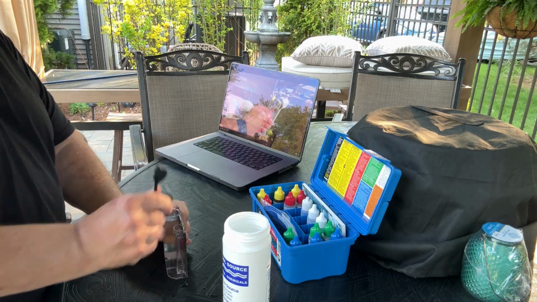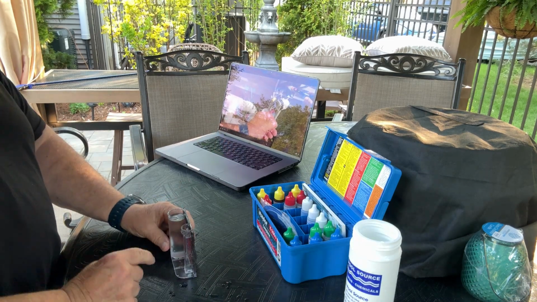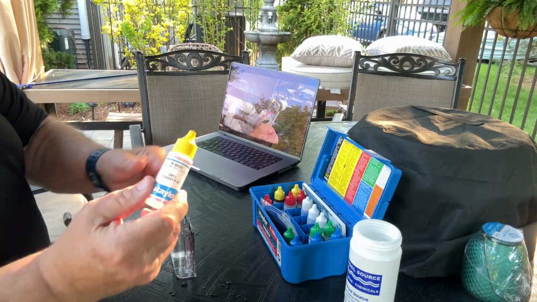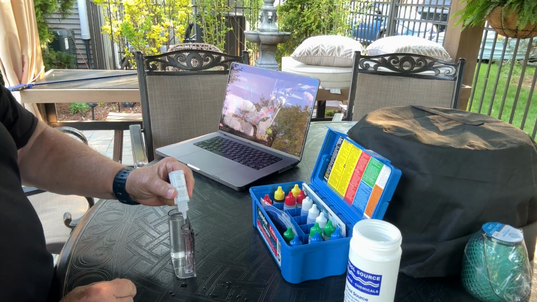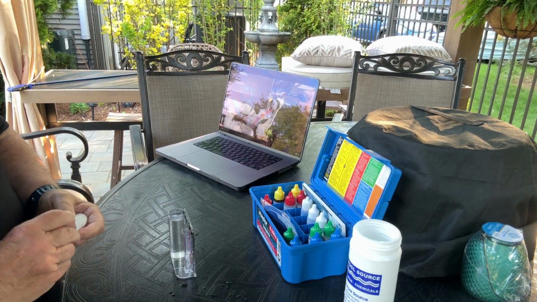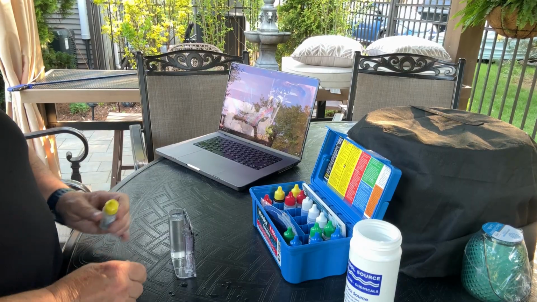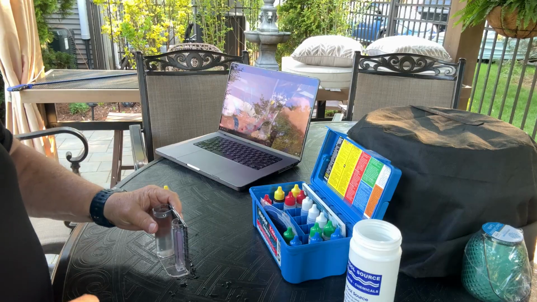So, all right. We're going to test the pH and the chlorine. We're going to start out with 5 drops of R001. 1, 2, 3, 4, 5. It's interesting because you can already see a reaction as soon as you start to put that in. It just starts to cloud up a little bit.